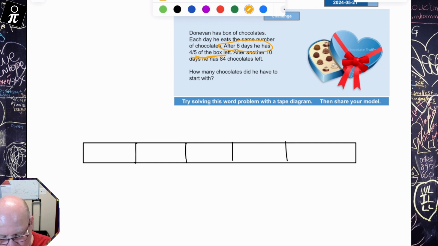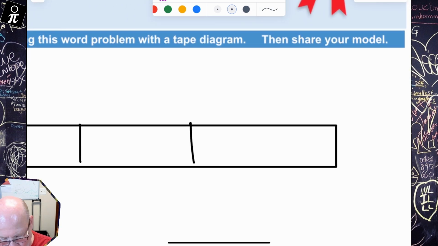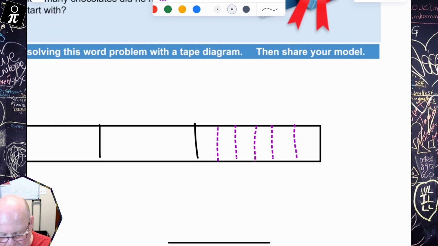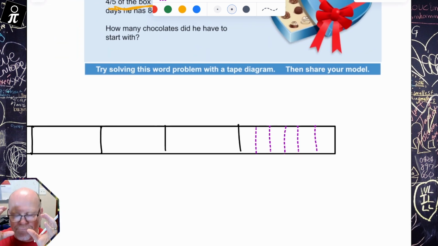All right, well, let's represent that. And let's do dotted lines just to be cool. 1, 2, 3, 4, 5, 6. So there is my 6 days that it took to eat that 1/5.